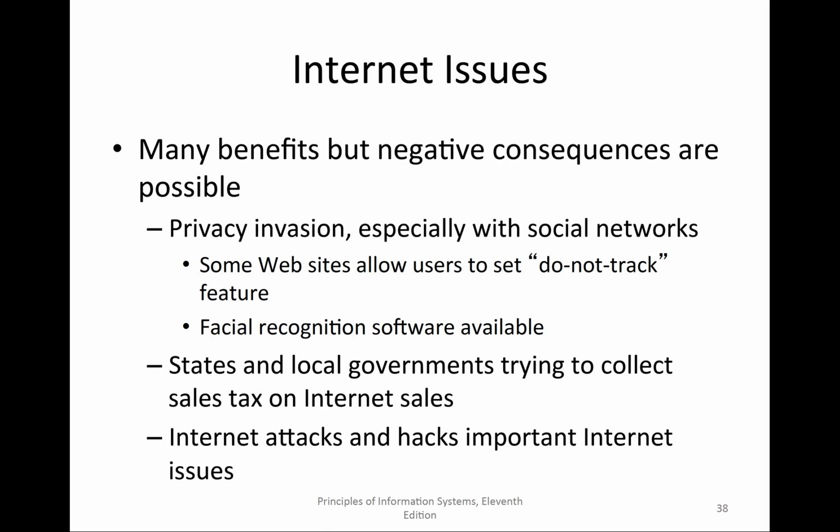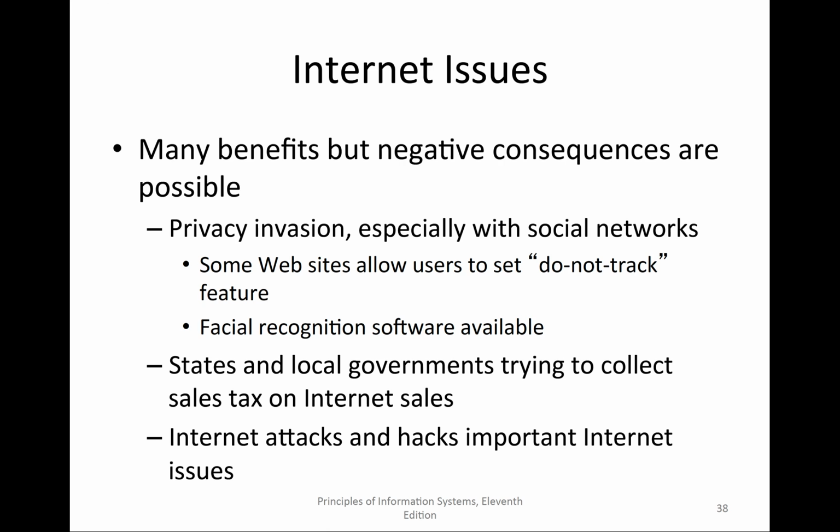Internet issues, many benefits but negative consequences are possible. Privacy invasion, especially with social networks. Some websites allow users to set a do not track feature. Facial recognition software is available. If you haven't heard about it, search for Cambridge Analytica and you will realize that your data was used to manipulate elections, especially in the Brexit referendum and in US presidential elections.